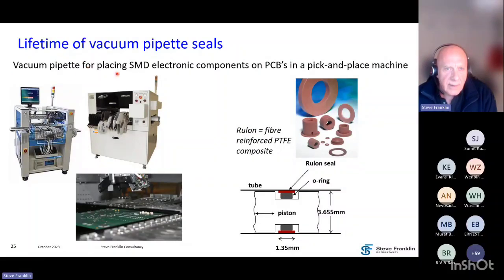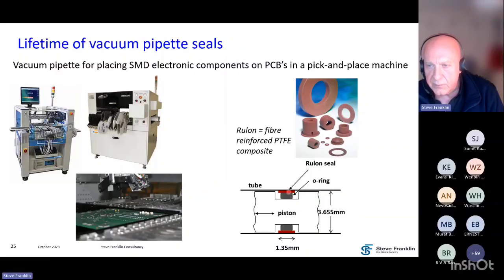A pick and place machine is a machine which picks up components, electronic components, surface mounted devices, SMDs. It picks them up and then places them on a printed circuit board where they're subsequently soldered in a soldering machine. And this pipette just simply picks up the components by vacuum. So you have a piston within a tube.